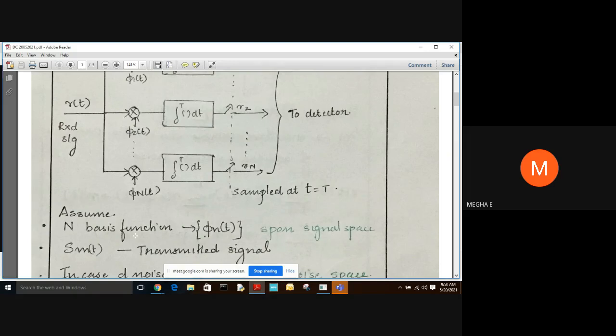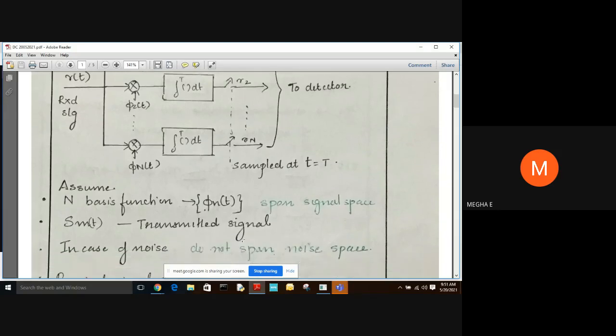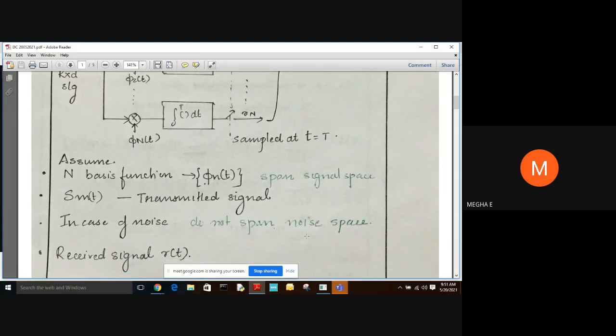Hence every transmitted signal sm(t) can be represented as a linear combination of these basis functions φn(t). In the case of noise, the functions φn(t) do not span the noise space.